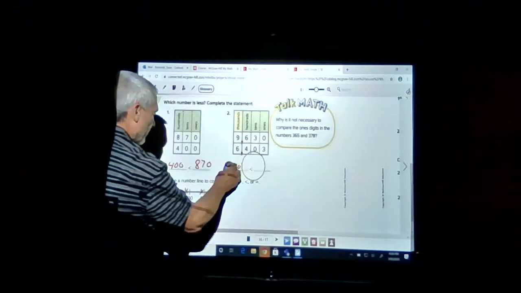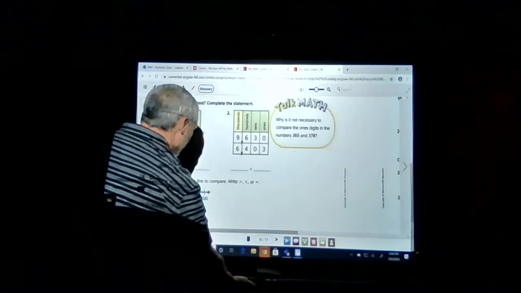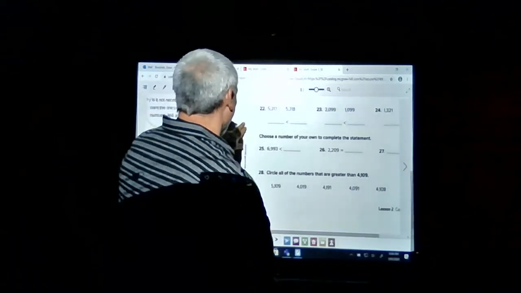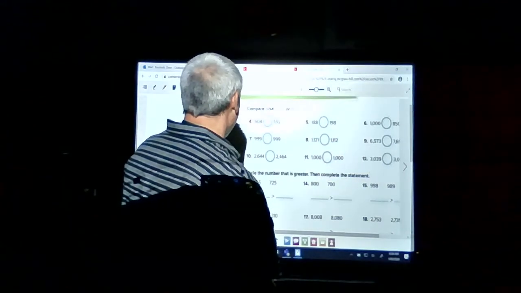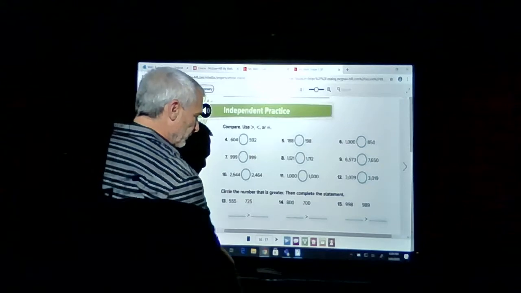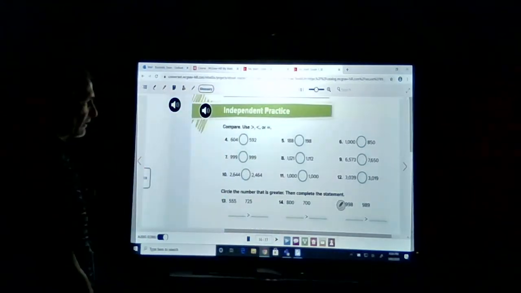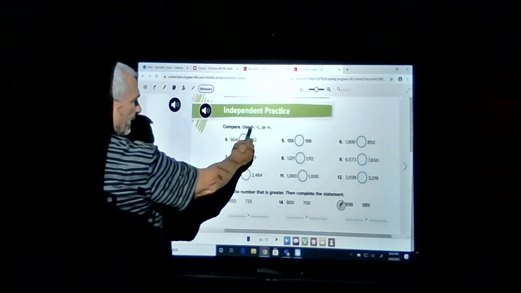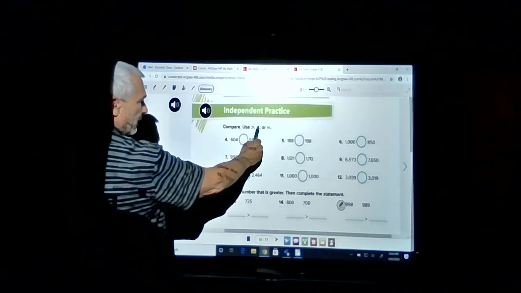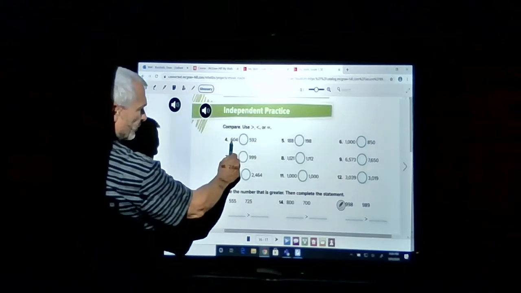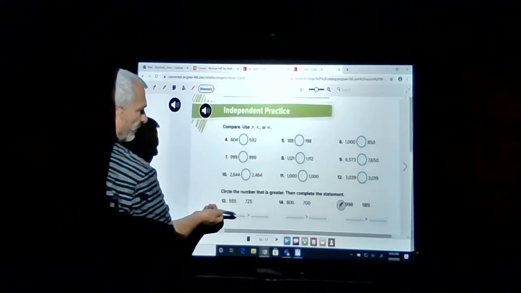Go ahead and jump to the practice page. All right. Mr. B will help you do a couple of them, get you started. It says to compare, use a greater than, a less than, or equal. 3 digits, 1, 2, 3, they're in the hundreds.